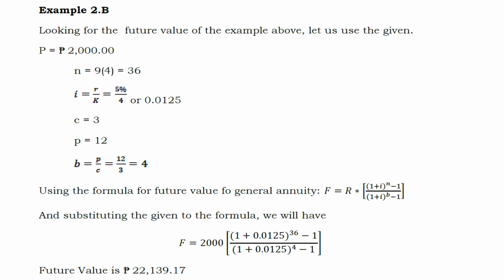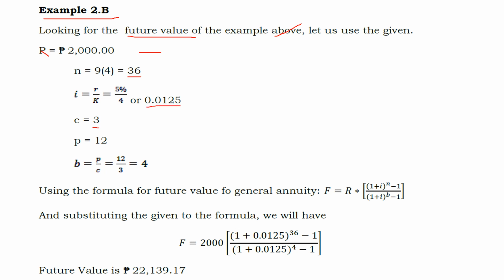So for example 2.B, looking for the future value of the example a while ago, let us use the given R. Your R, or periodic payment, is 2,000 pesos. N is still 36. I is still 0.0125.